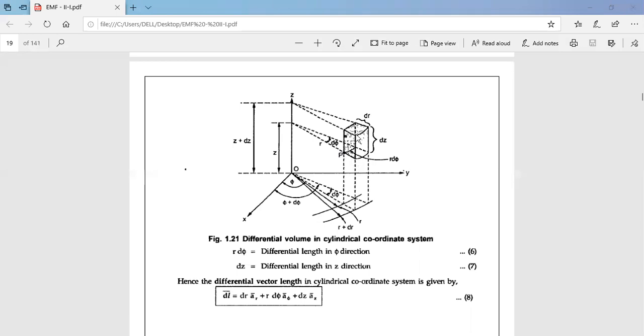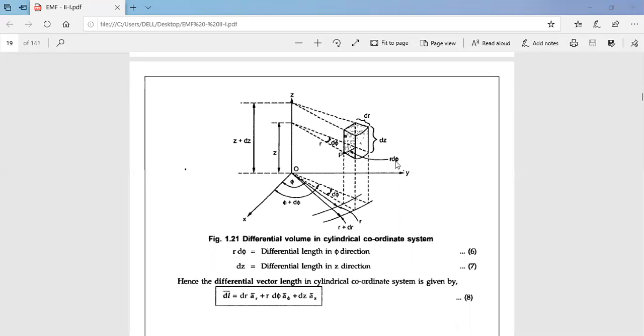What is this surface? It would be r d phi times dz.